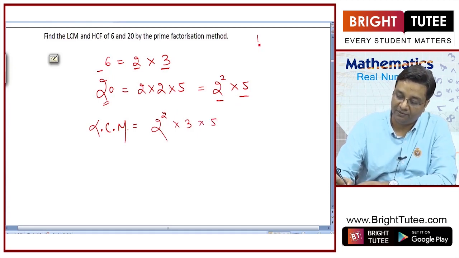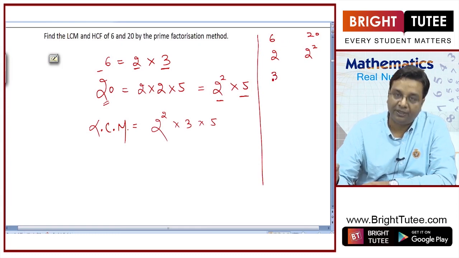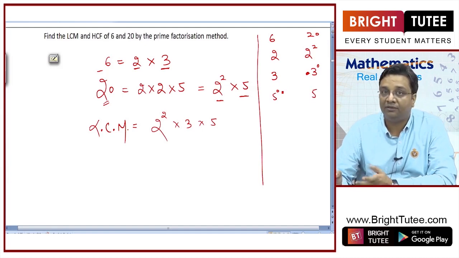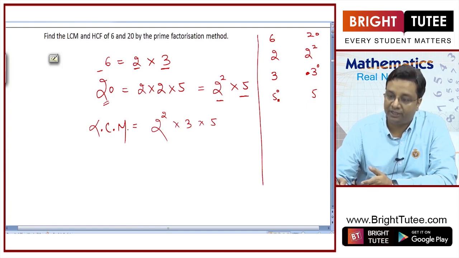So what are the prime factors? 2 is present in 6, 2 square is present in 20, 3 is present in 6, 3 is not present in 20, or we can say 3 raised to power 0 is present, right? And in case of 20, 5 is present, here 5 raised to power 0 is present.